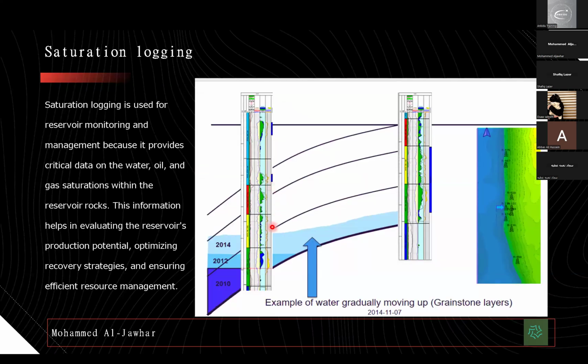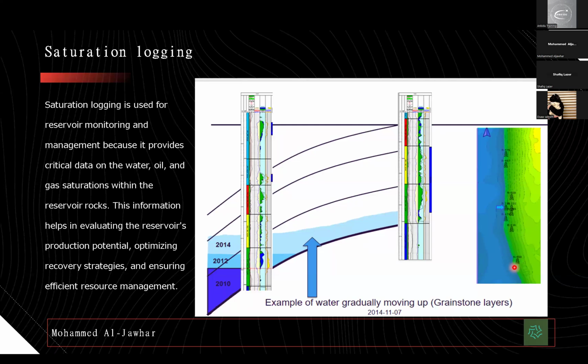So this is another example for saturation logging. You can think about the time you run the first saturation log, and then the second one, a third one, and why you are running, what are you expecting? For instance, is there any water injection profile you have? If you have it, you can see this is the phase against the producers.